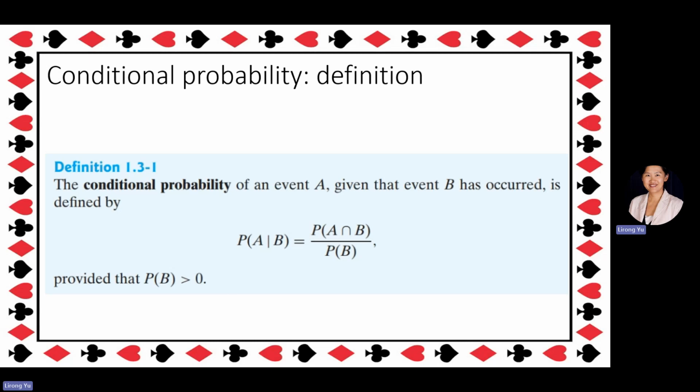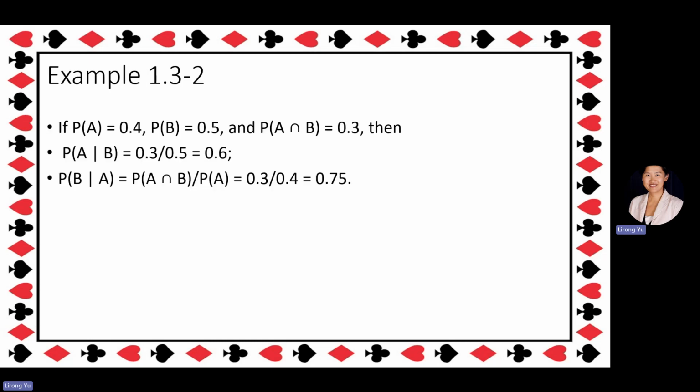A is really small, right inside of B, so of course that will be 100%. But if A and B only overlap a small portion, then this numerator will be small and this will be a small probability. This is assuming the probability of B is larger than 0. If it is equal to 0, then of course we don't calculate it with division anymore. If the probability of B equals 0, then things are defined differently.